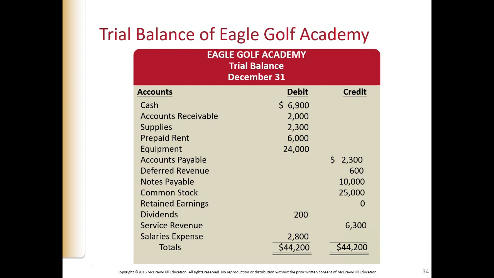This must equal. The total debits must equal the total credits. If that's so, then also the accounting equation holds true, where your assets still equal your liabilities and stockholders' equity. Now, this trial balance is not a balance sheet. We're going to see that in the next chapter. This trial balance is just to check at this point in time, do total debits equal total credits?